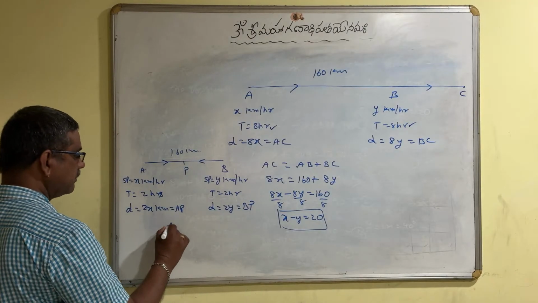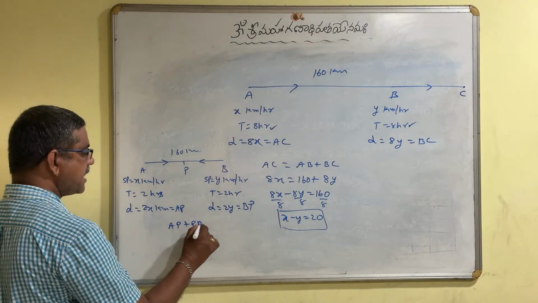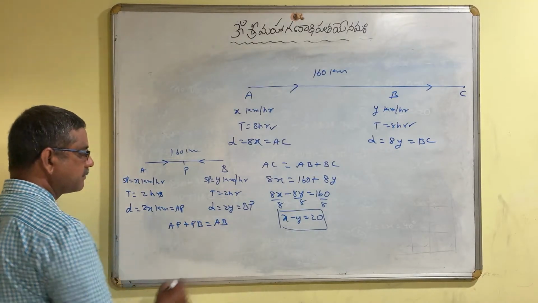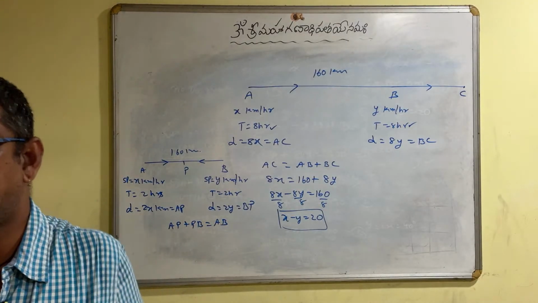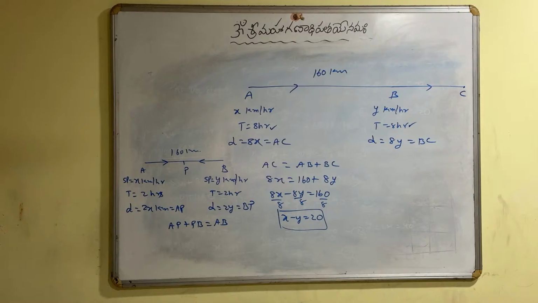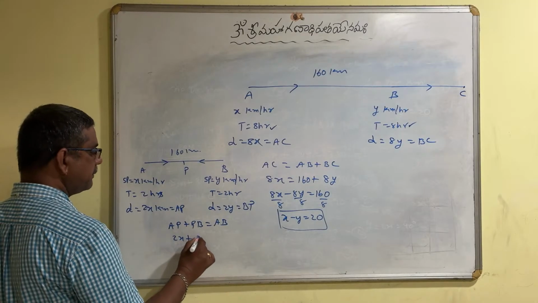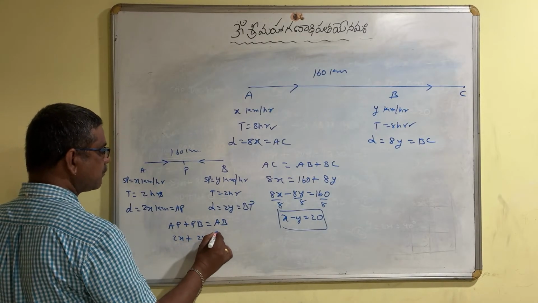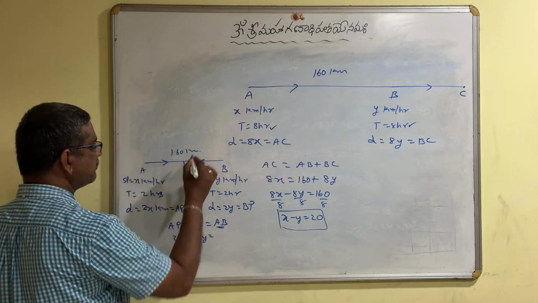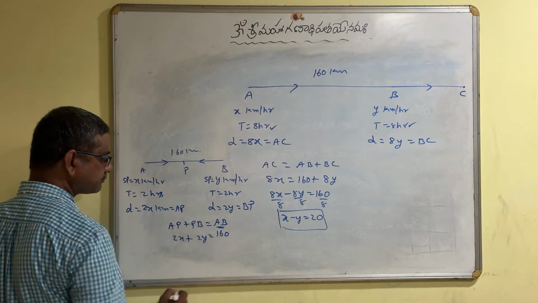Now, we know AP plus PB is AB. Is that right? AP 2x, PB 2y is equal to AB, which is 160 kilometers.